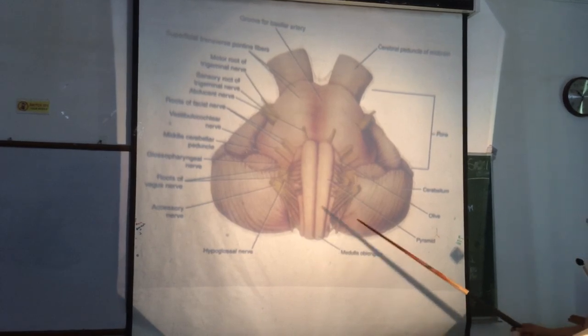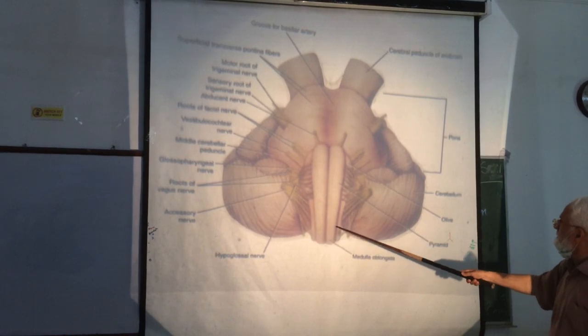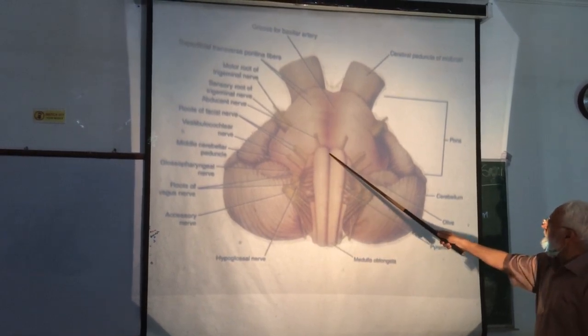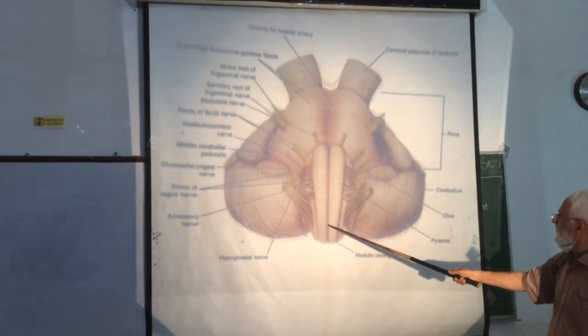You see, this is the medulla oblongata, and this is the anterior median fissure.